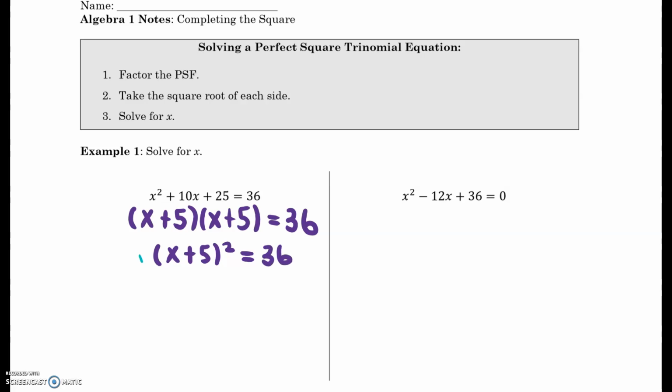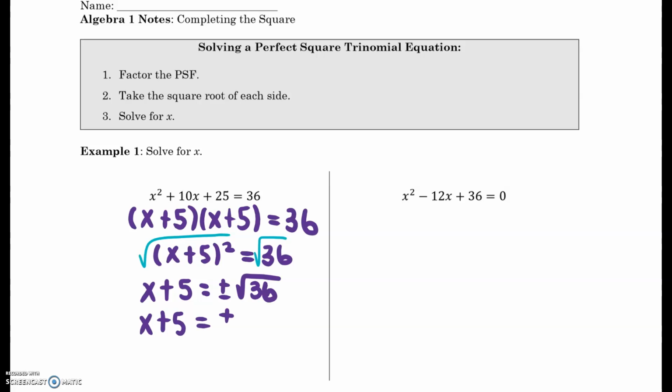Now we are going to take the square root on both sides of our equation. We are going to find that x plus 5 is equal to the positive and negative square root of 36. We know that the square root of 36 is positive and negative 6.